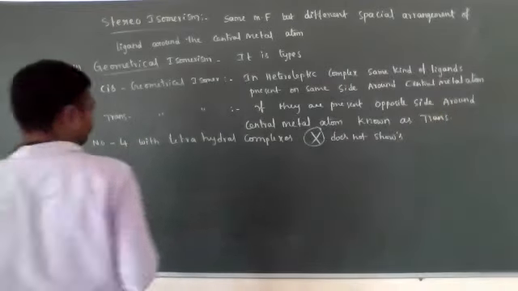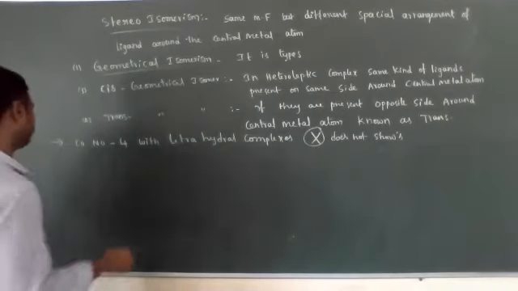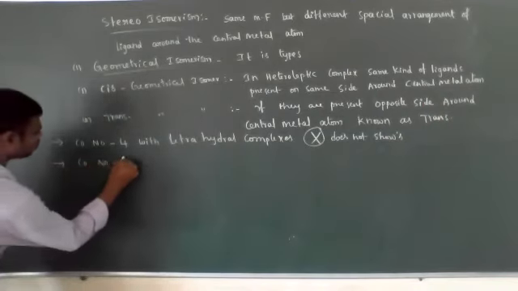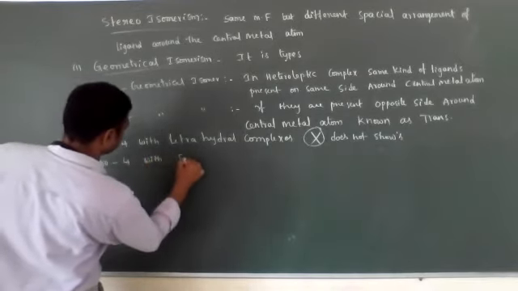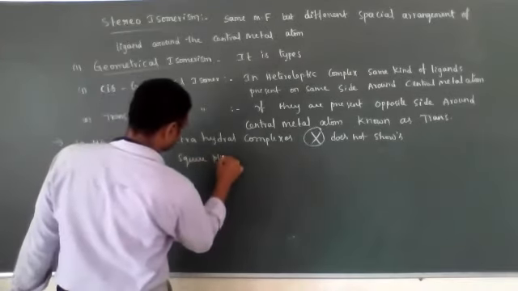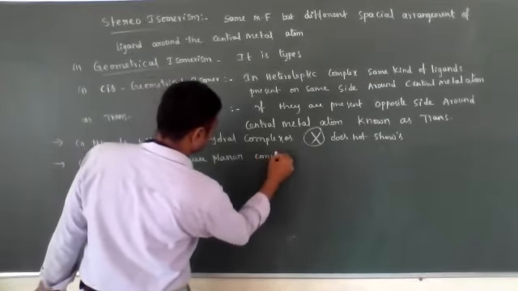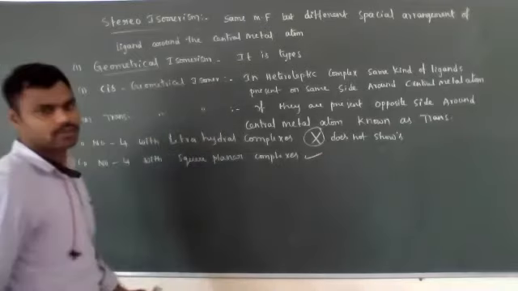But what type of complexes show geometrical isomerism with coordination number 4? Coordination number 4 with square planar complexes shows geometrical isomerism.